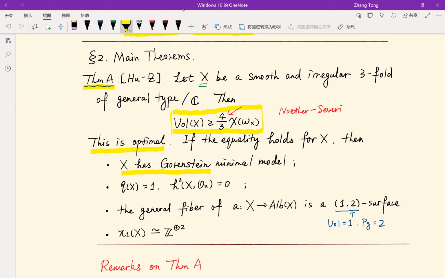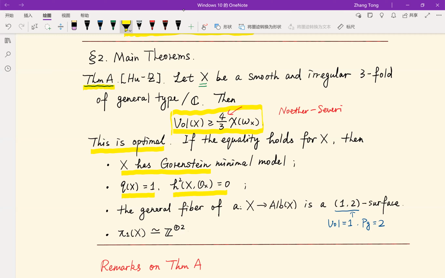The second property is that the irregularity is also 1, which is the smallest possible case. We also compute the second cohomology of the structure sheaf, and we prove that this is 0.